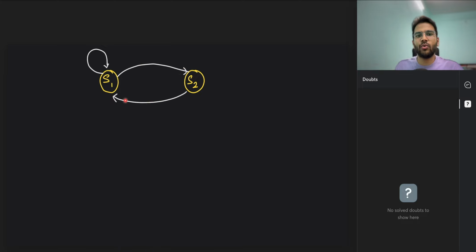You can see clearly that this is a Markov chain, a directed graph. Let's say some probabilities are mentioned here: maybe this is 0.8, this is 0.2, this is 0.3, and this is 0.7. Correct? So this is our Markov chain given to you.